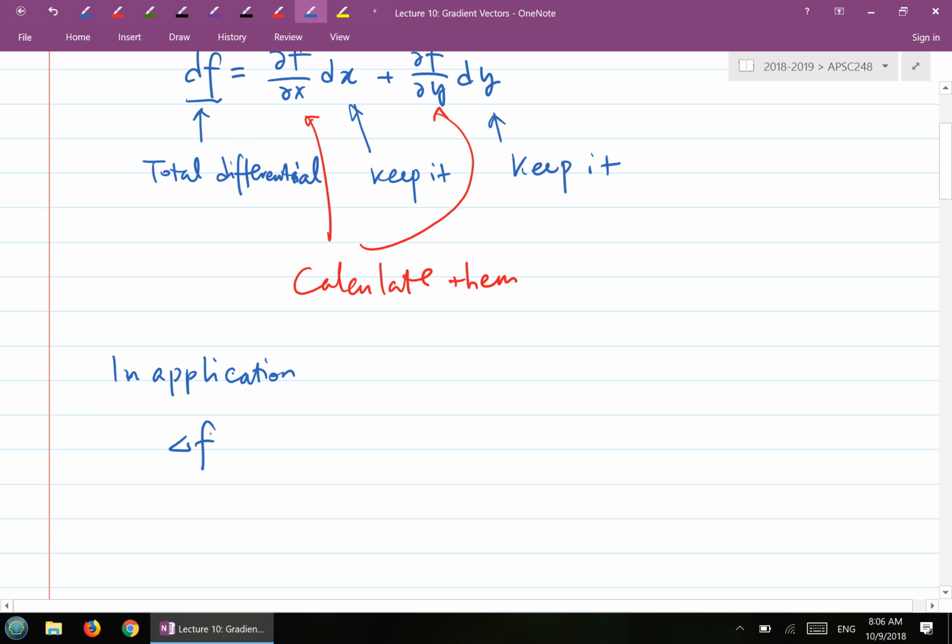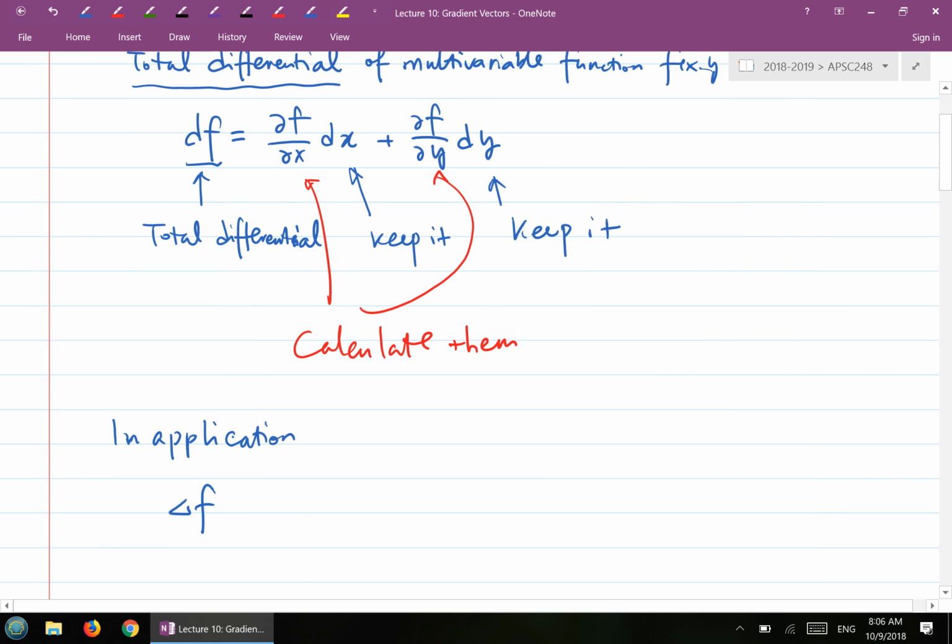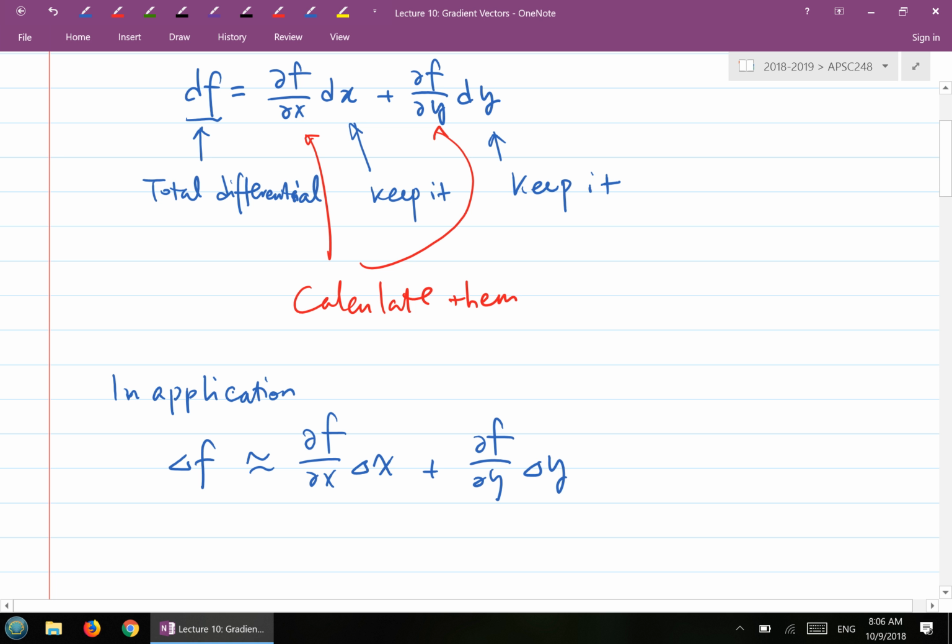In real application, when we estimate small changes in the function f, we use this: small changes in the function f equal to this. All you need to do is change the straight d into a delta here. That's the application of the total differential formula.